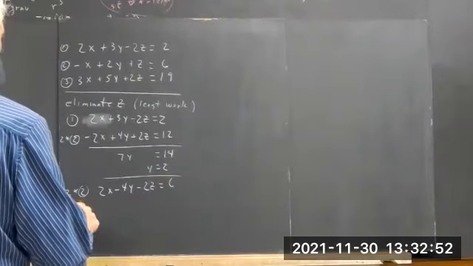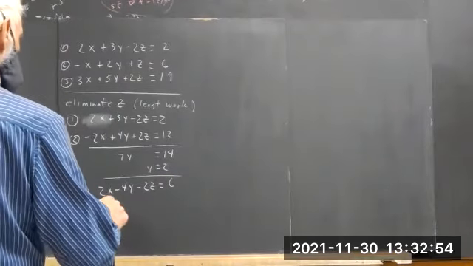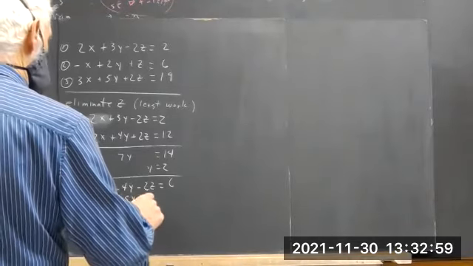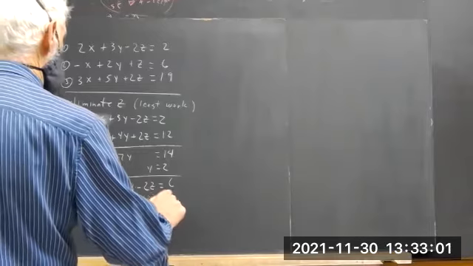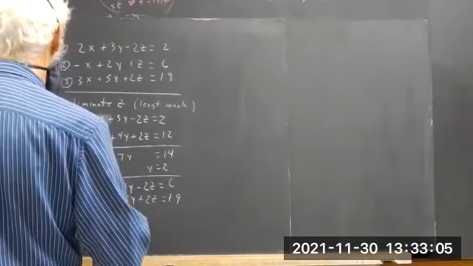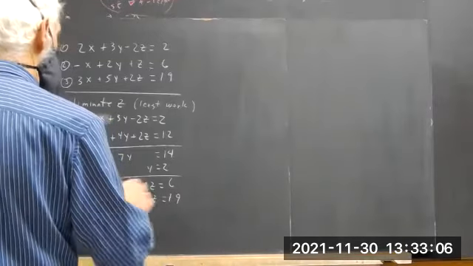And equation 3, which gives me 3x plus 5y plus 2z equals 19. Now, did I multiply 6 by 2? No, I didn't. It's 12.